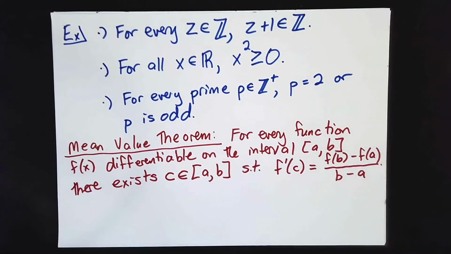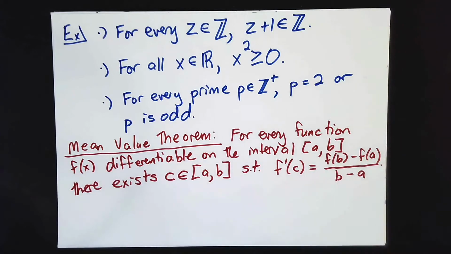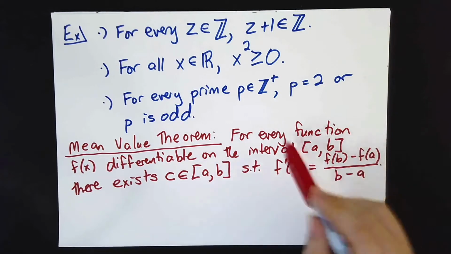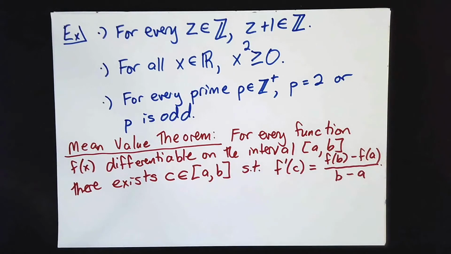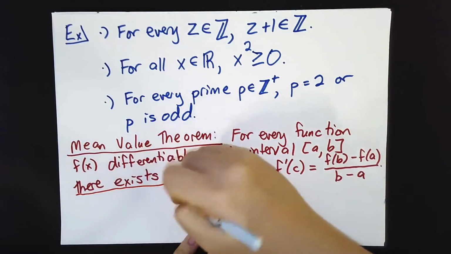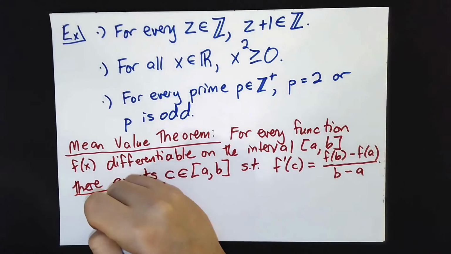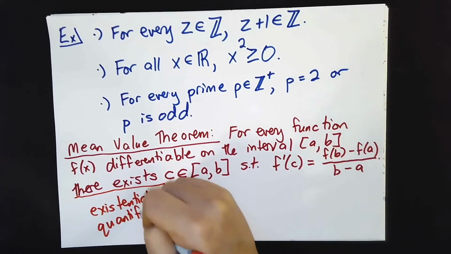So here's the mean value theorem from calculus. You'll notice this starts with the universal quantifier, namely it's talking about every function that's differentiable on this interval AB. But then it has a new piece, namely this there exists, and this there exists is what we call an existential quantifier.